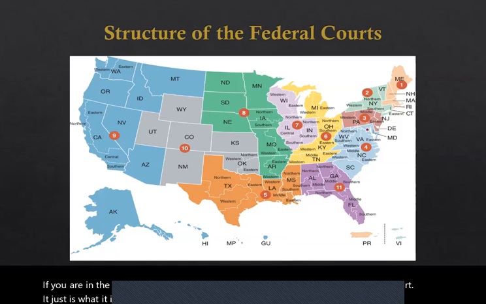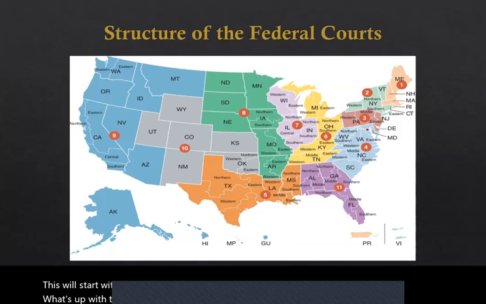So this is when we're talking about the structure of the federal courts. Again, I said we had circuits, and then we had districts, and it kind of all seems jumbled up. So we'll do it this way. We'll start with the number 1, the First Circuit.